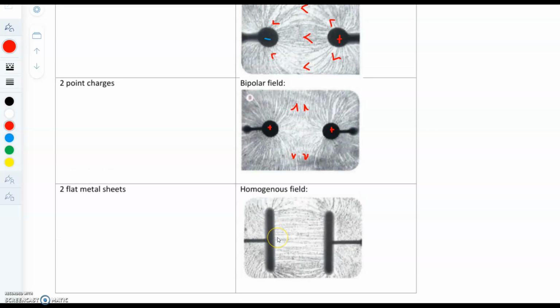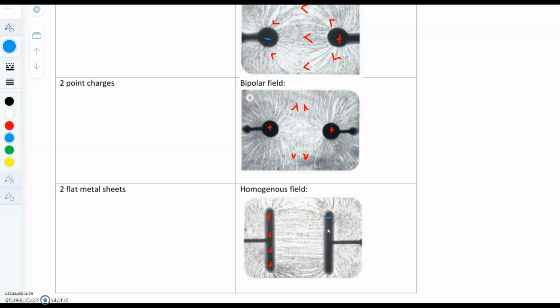Now, another interesting type of field is a homogeneous field. The word homogeneous means it's the same all around, and you get that if you combine two flat pieces of metal and you create an electric field between them. How? Well, let's assume the left sheet here is positively charged.